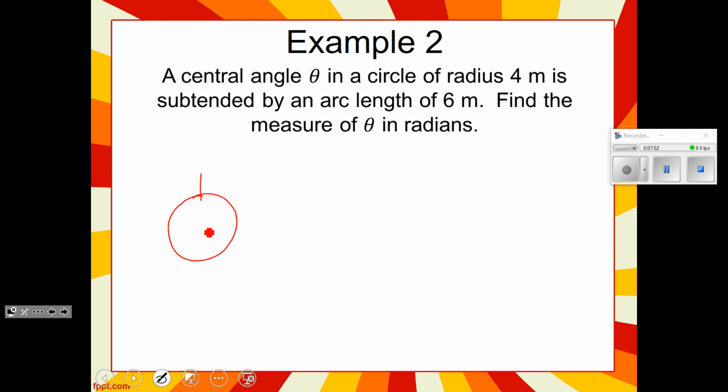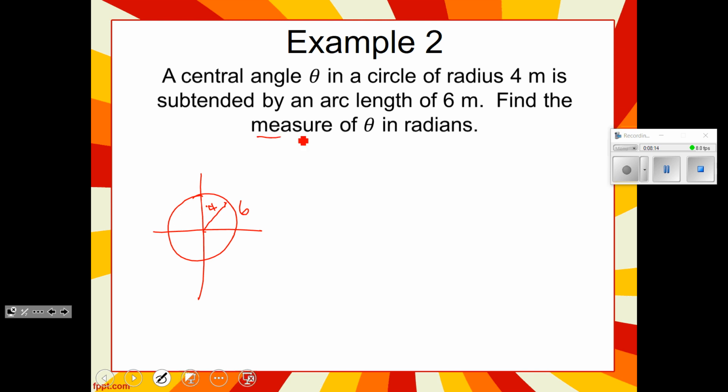I'm going to draw it out so you understand what we're talking about. We know the radius is 4. And we know that the arc length is 6. And they're asking us to solve for which variable?